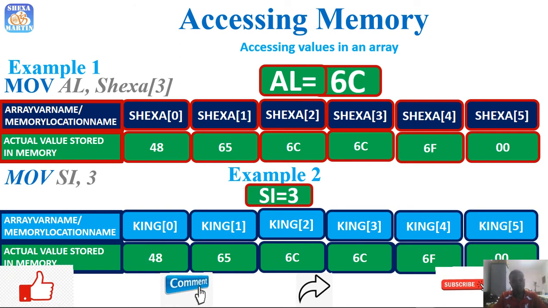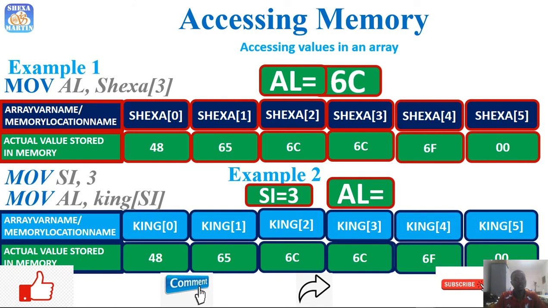You move 3 to SI, then we move the value at that index to AL. Right, so I hope you are understanding what is happening here. I hope you are enjoying this practical lecture.